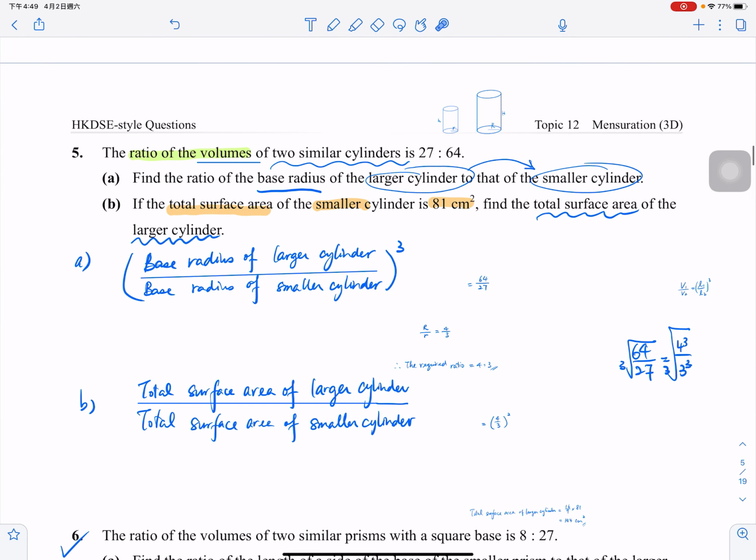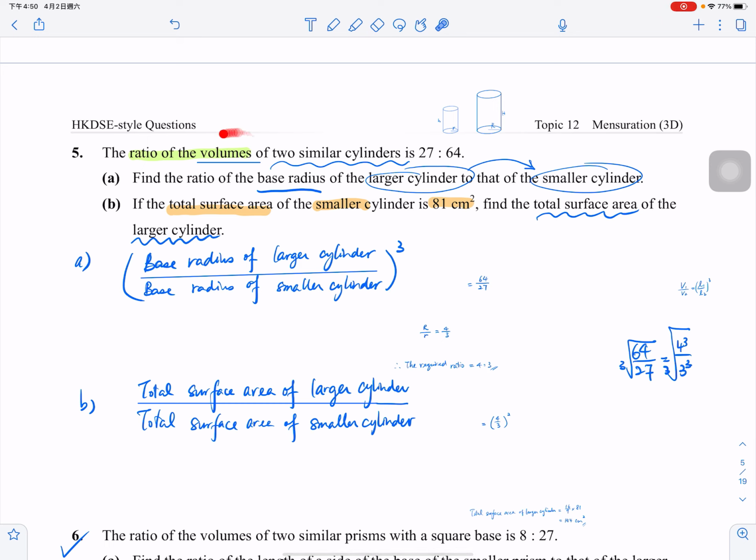Question 5. Okay. The ratio of volumes of two similar cylinders is 27 to 64. This one is the ratio about the volume of similar cylinders. Part A: find the ratio of the base radius of the larger to the smaller cylinder.